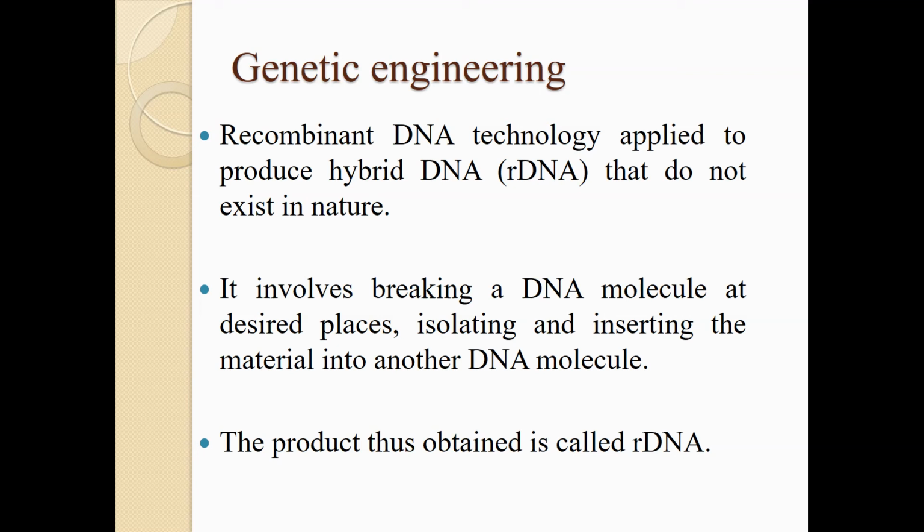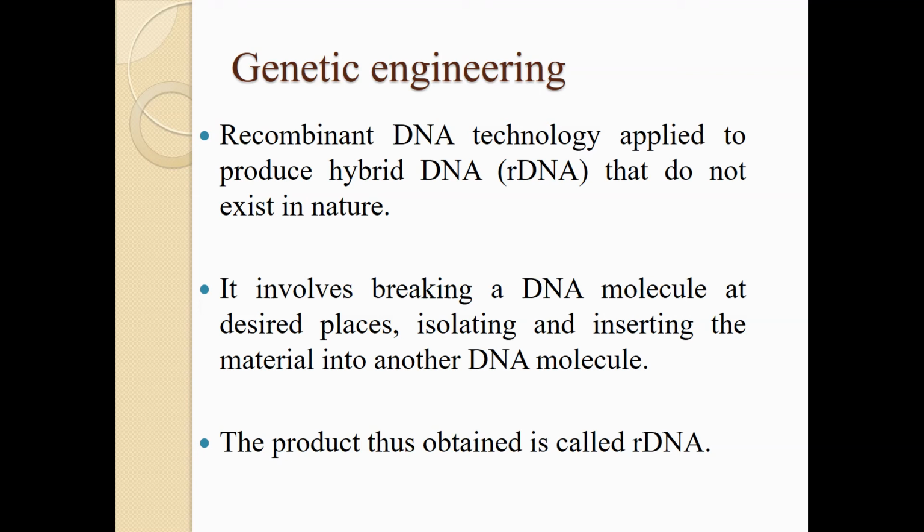That other DNA molecule is from a prokaryotic cell. The prokaryotic cell has a higher capacity to divide rapidly. As the prokaryotic DNA divides, the DNA which we have inserted into it also divides, and that will produce a large number of insulin genes in a shorter period of time.